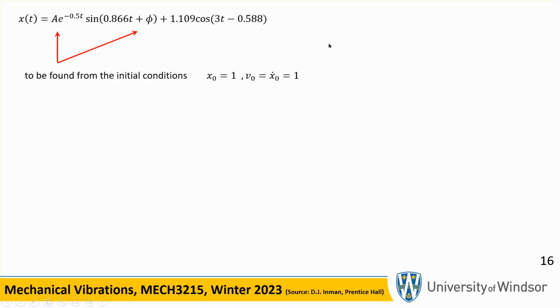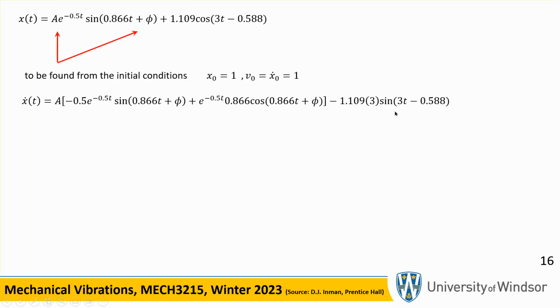In other words, by brute force, you differentiate this with respect to time. There we are, ugly, but you have no choice. And now you plug in when t is 0, x naught is 1. This whole thing is 1. And when t is 0, this whole thing is also 1.